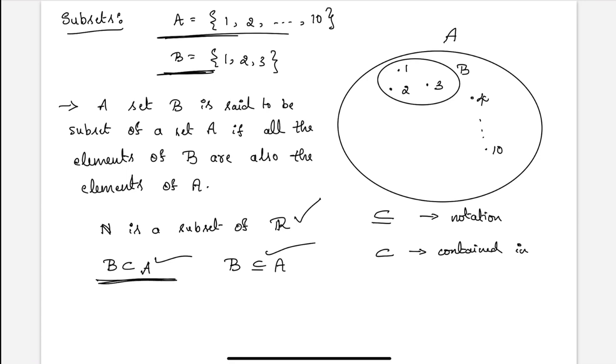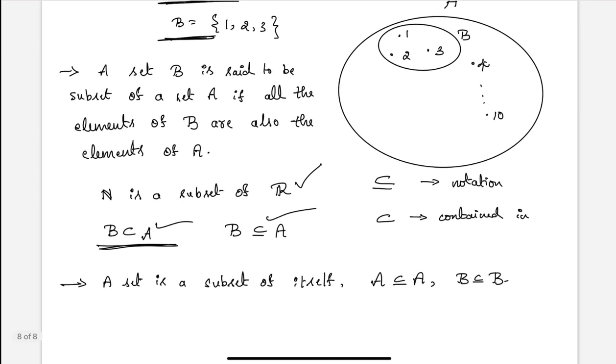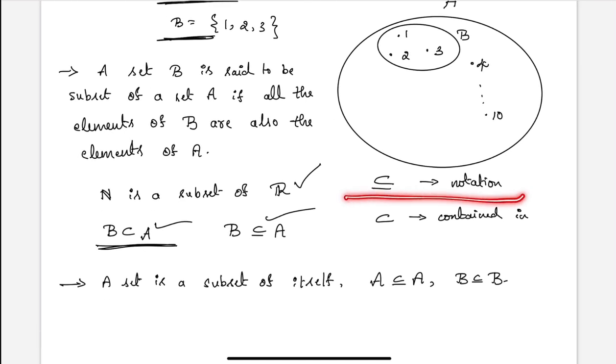So for any set, we say that a set is a subset of itself. In that case, we can write A is a subset of A, B is a subset of B. Usually this notation we will use when we don't know the exact nature of sets.